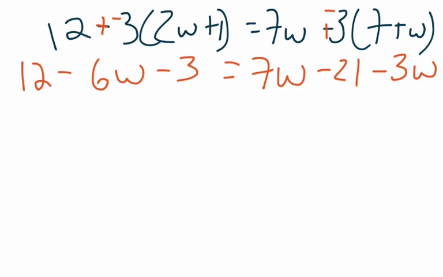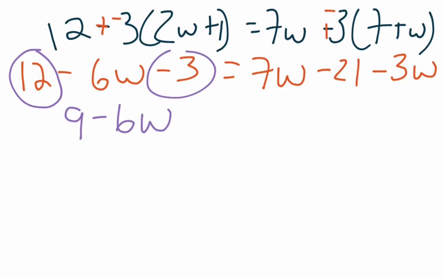After you distribute, then combine your like terms. On the left-hand side, I have 12 and I have negative 3. That's a positive 12 and a negative 3. 12 minus 3 is 9. Bring down the 6w. Don't let the minus 6w disappear. On the right-hand side, I have 7w minus 3w.